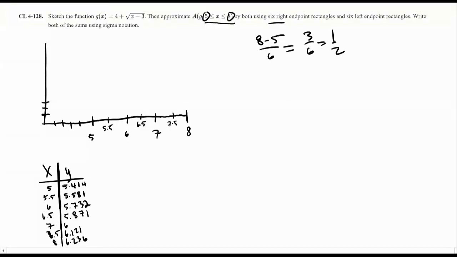I'm just choosing those numbers because all my y values land in the middle of that. So 5 is 5.4, 5.5 is 5.58, 6 is 5.7, 6.5 is 5.8.